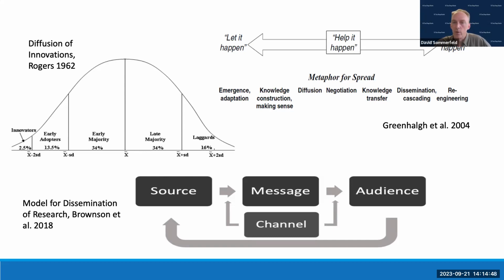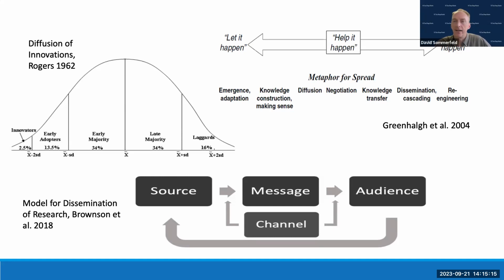And now we have these more nuanced models on the bottom, the model for dissemination of research, which identifies the importance of thinking about your audience, the messaging strategies, and the vehicles and mechanisms for getting information out to those audience members, with the goal of trying to improve use. So I think there's been this evolution in thinking about dissemination, and that's part of what we're embedded in right now.